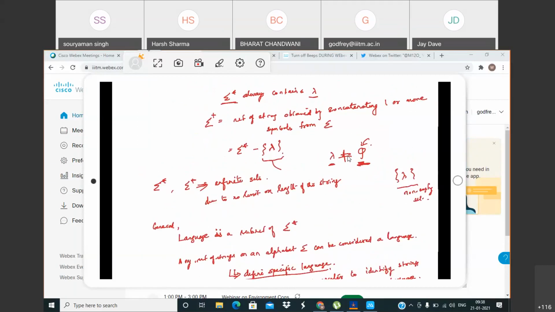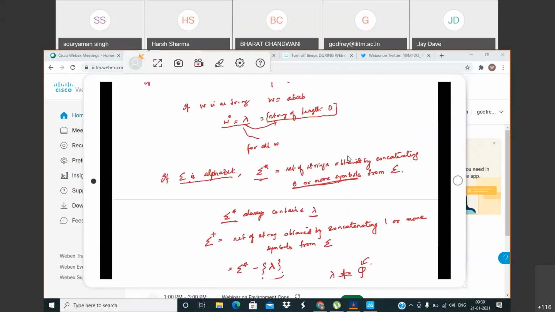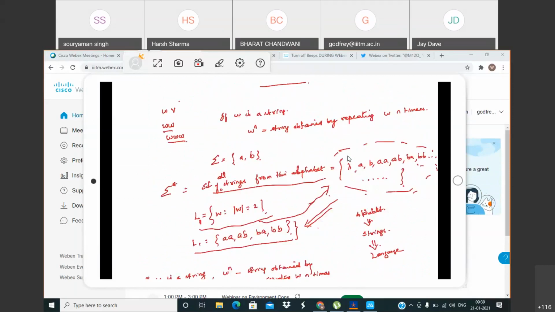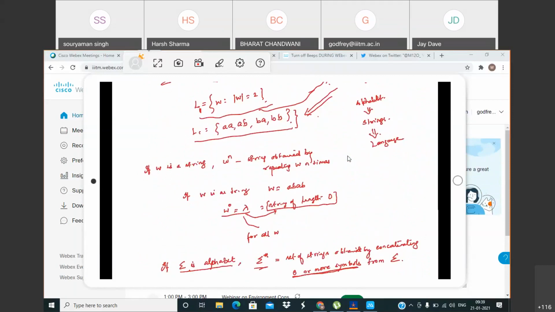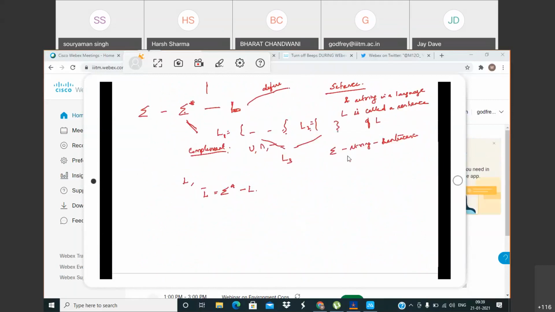We looked at a single string and how we can reverse a string. Now we look at language.